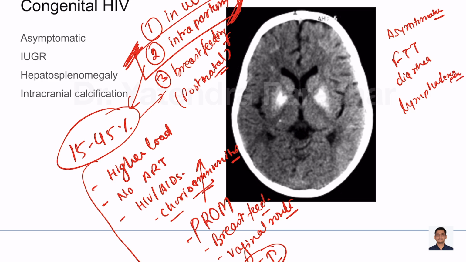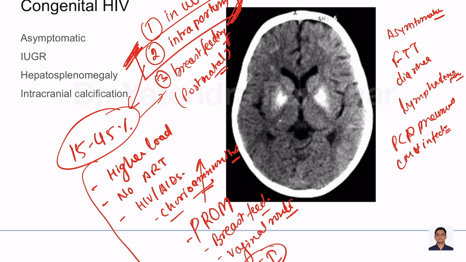Oral thrush can occur in some patients due to Candida infection, which is an opportunistic infection. Other opportunistic infections include PCP pneumonia and CMV infection during the infancy period.